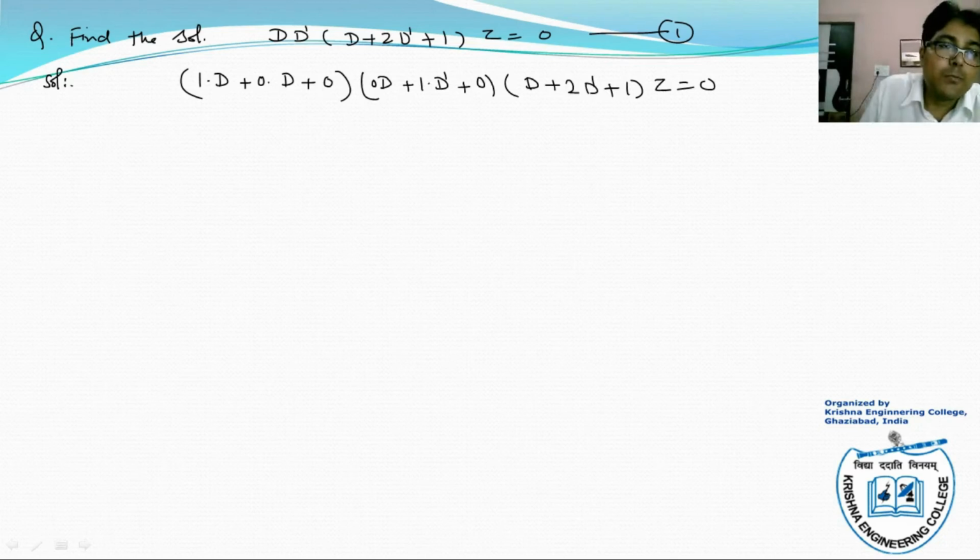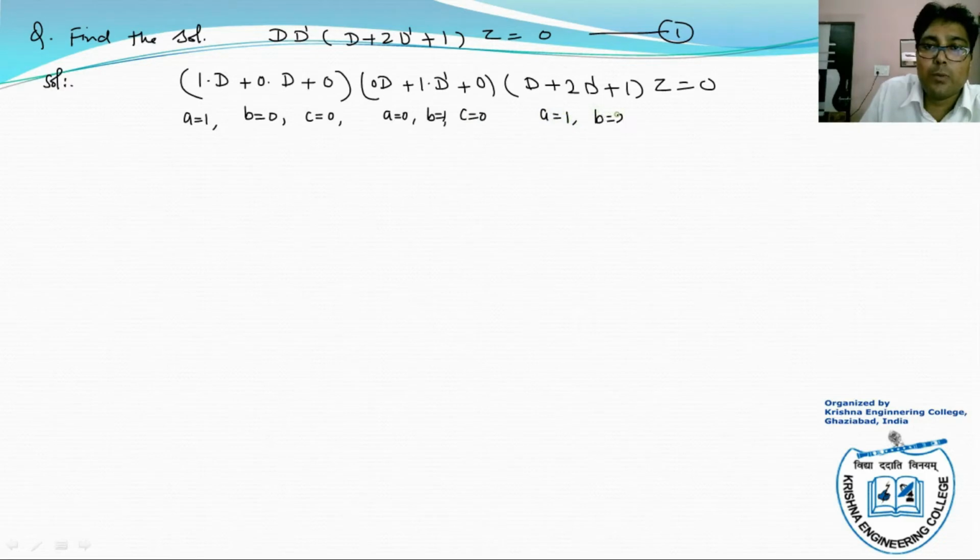Here in this factor a is equal to 1, b is equal to 0, and c is equal to 0. In this factor a is equal to 0, b is equal to 1, and c is equal to 0. In this factor a is equal to 1, b is equal to 2, and c is equal to 1.